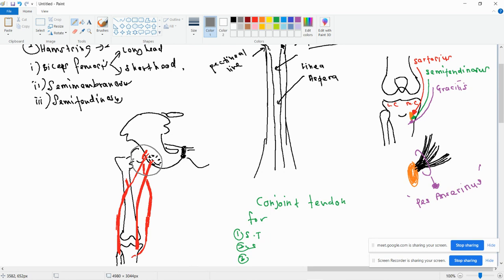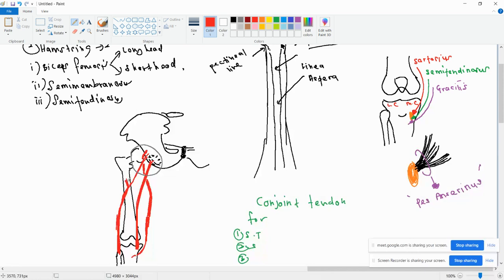Am I right? Right, class? The answer is true or false. Short head of biceps femoris acts as a hip extensor muscle. True or false? Short head of biceps femoris.